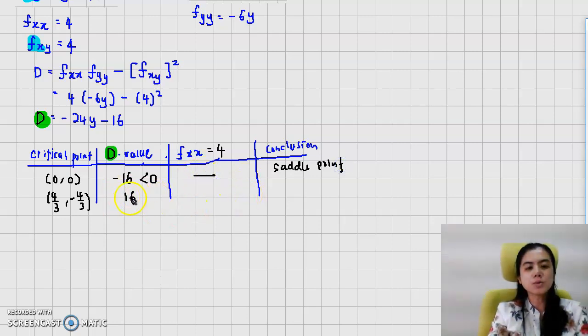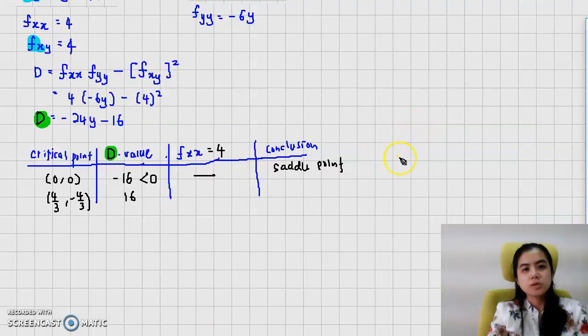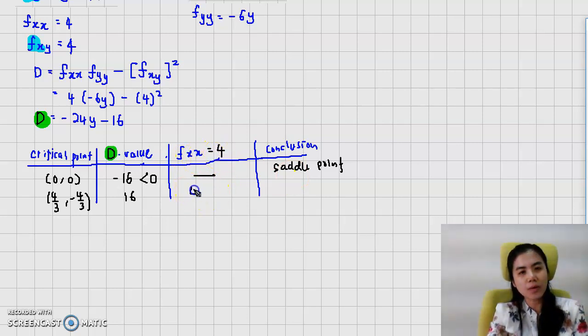Okay, but for this one, you have a D value that is 16. So D value is 16, that is greater than 0, then you have to look at fxx. What is the value of fxx? So fxx is actually 4. Okay, it's actually 4.